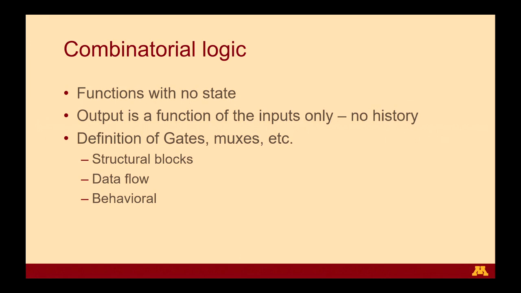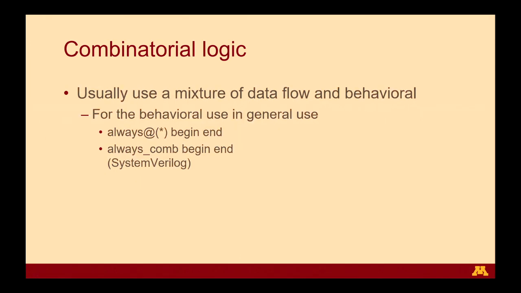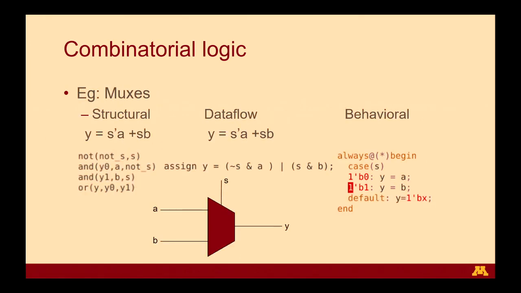So what do all of these mean? Let's look at this. When we talk about structural models, we break the design into its corresponding gate-level design. For example, let's take a simple 2:1 mux, which has a single select line. We all know this is the Boolean expression for the 2:1 mux.